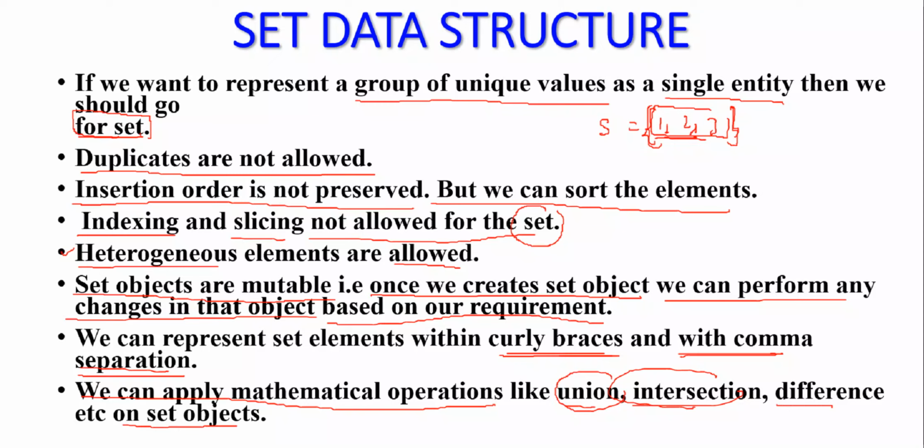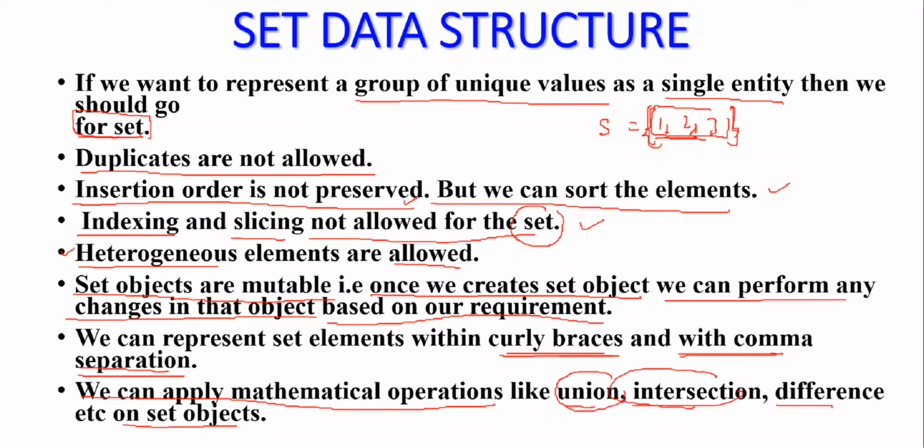So this is the basic introduction about the set data structure. A set means if you want to keep unique values as a group, you can use a set object. Set does not allow duplicates. Insertion order is not preserved, but if you want to keep the elements in sorted order, yes, we can. Indexing and slicing is not at all allowed for set objects.